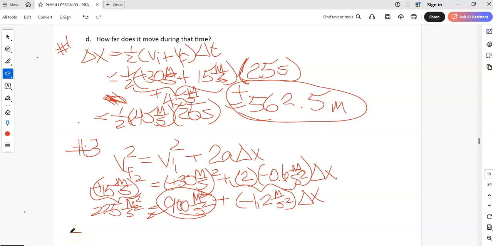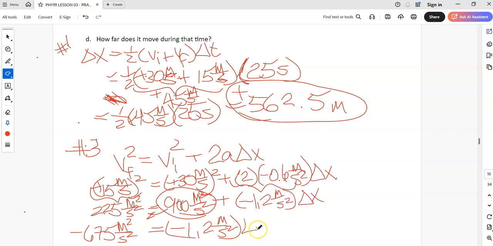Remember, this is 225 minus 900, and that would be equal to negative 675 meters squared per second squared, and that's a negative number because we're subtracting 900.